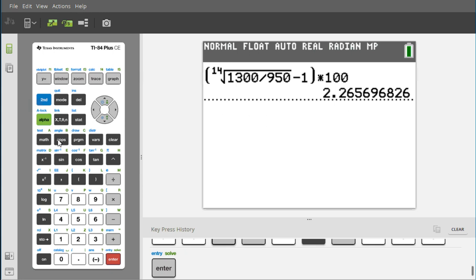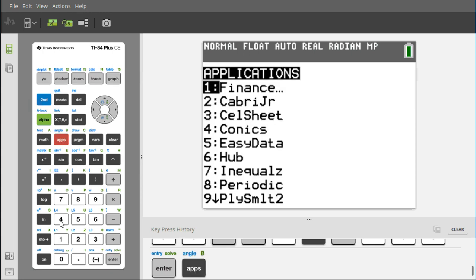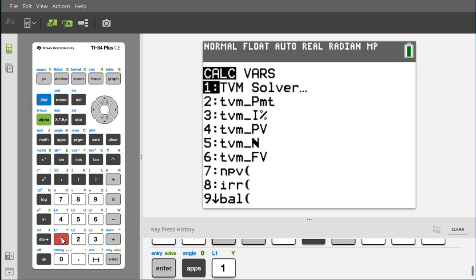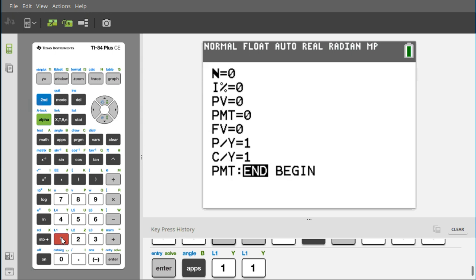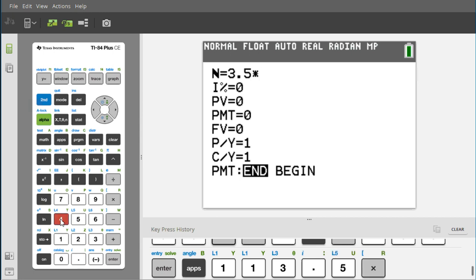So to show you how to do that, I'm going to press Apps, choose Finance number 1, choose TVM Solver number 1, and all the information that I used previously is now going to be typed in. The number of interest-bearing periods is going to be 3.5 multiplied by 4. I'll arrow down, and that's going to give me 14 again.